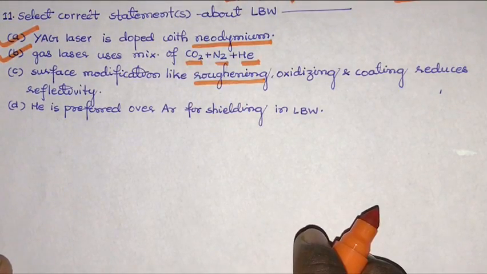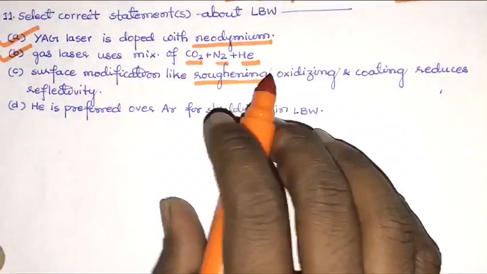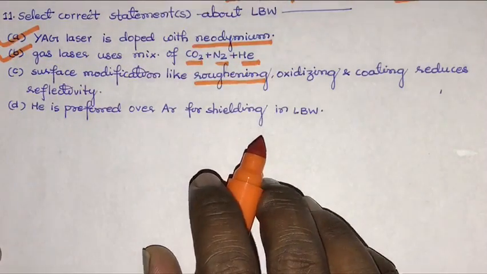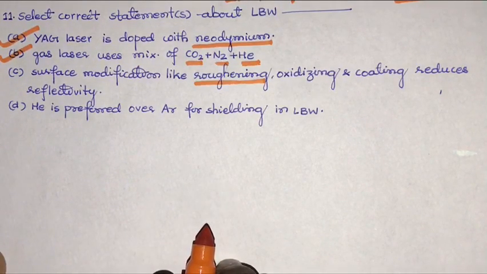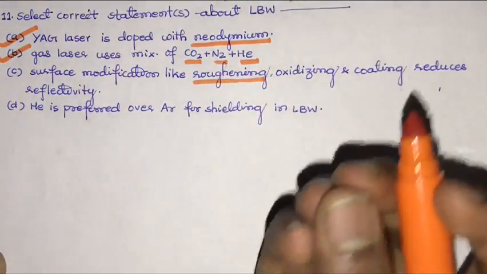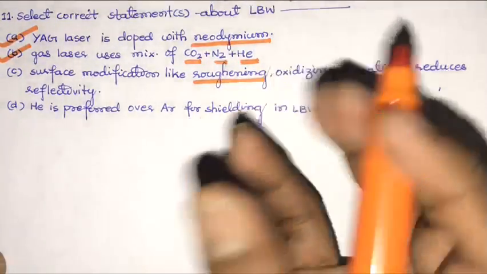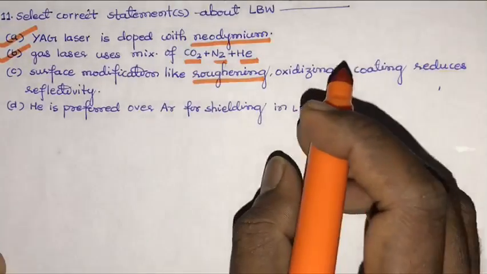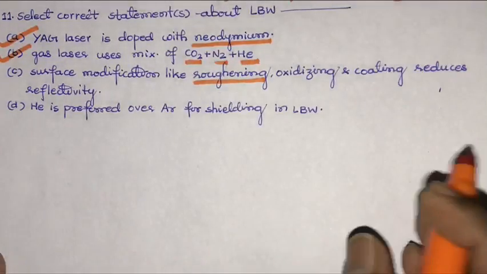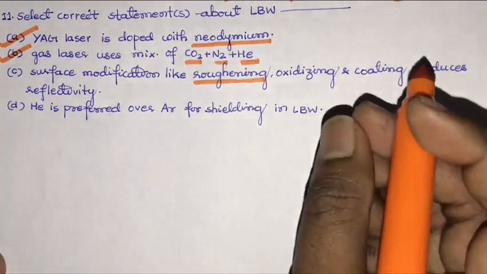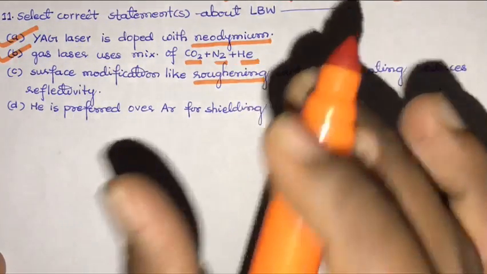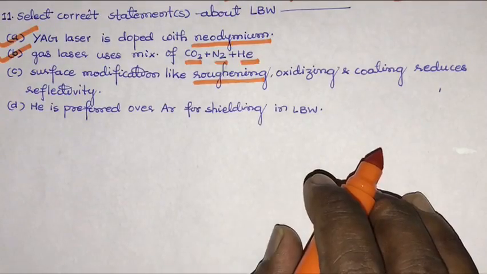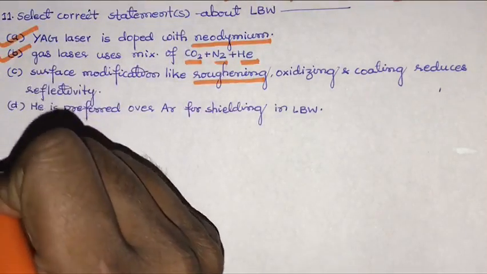By making the surface rough, we can increase the absorption of the laser beam, and in that case the keyhole can be easily formed. Once the keyhole is established, absorption is very high because the beam is trapped inside that keyhole by total internal reflection. So this is absolutely correct.